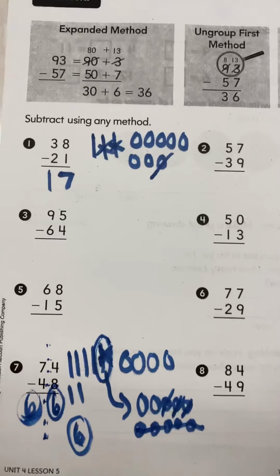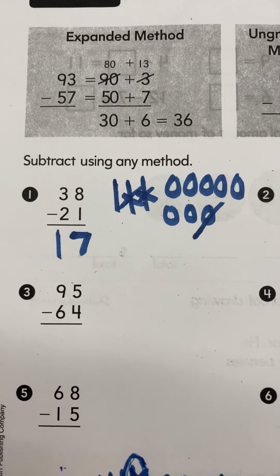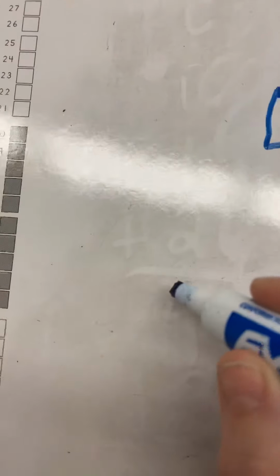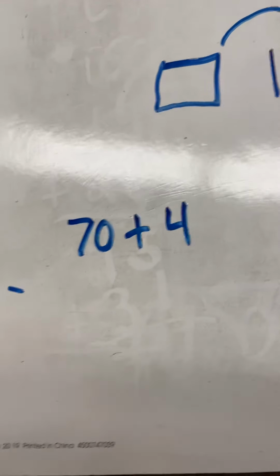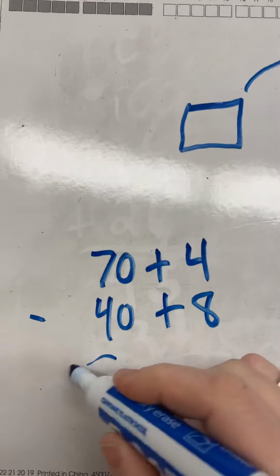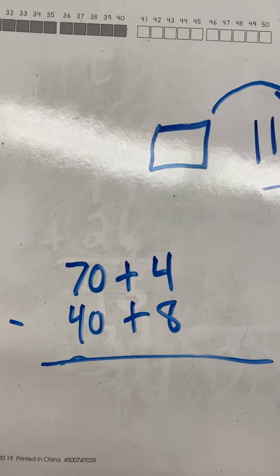All right. We can also look at it the expanded method way. So if I am doing 74 minus 48, that's really 70 plus 4 minus 40 plus 8. And then I start to see, oh, I can't take 8 from the 4. Okay.